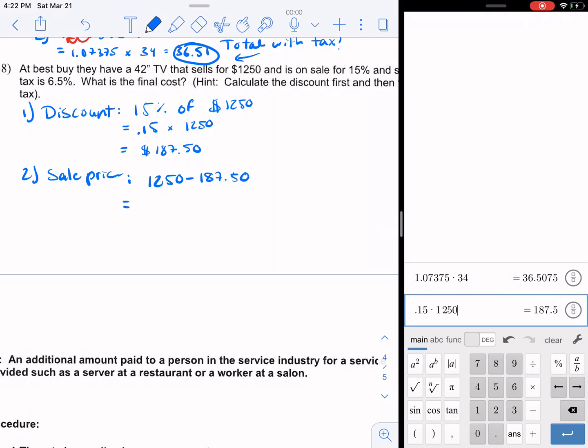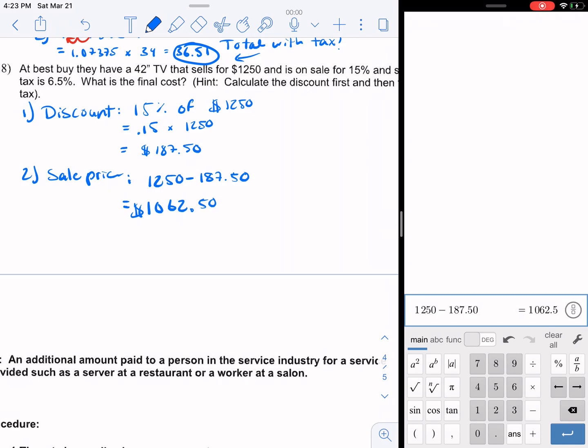So $1,250 minus 187.50, and so you're going to pay $1,062 and 0.5, so that's 50 cents. So that's how much you're going to pay for the sale price.